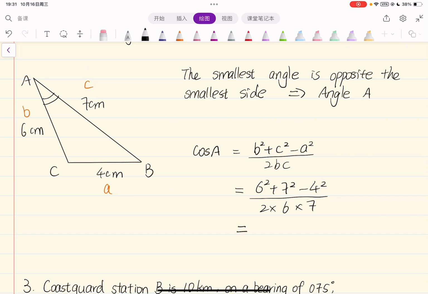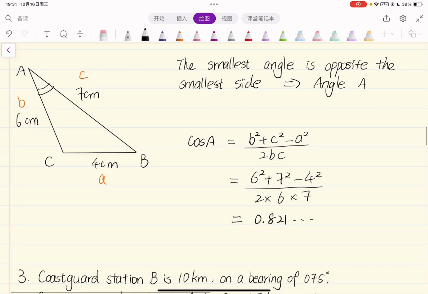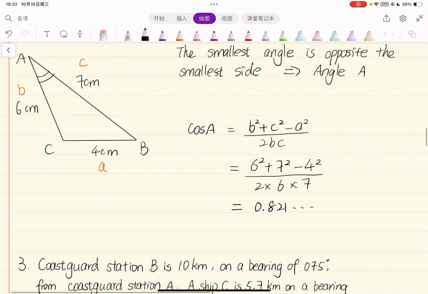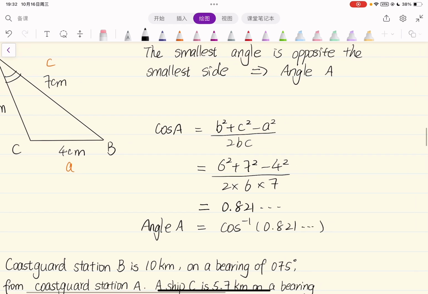That equals to 0.821 dot dot. In here, you don't need to round up to 3 significant figures. We just type this answer in the calculator for that. The angle A equals to cosine minus 1, 0.821 dot dot from your calculator.